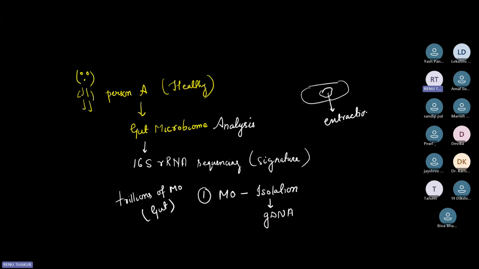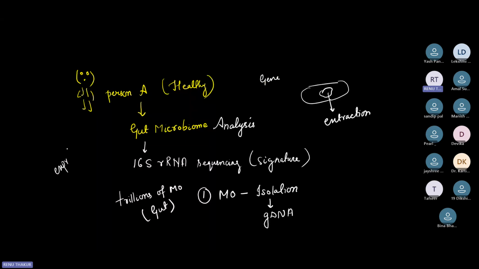In molecular biology, the basic step, whatever you want to do, whether you want to check the expression of any gene, or whether you want to check that the bacterium has this gene in its genome or not, because we don't know. Gene expression analysis is a different thing, and gene analysis is a different thing.